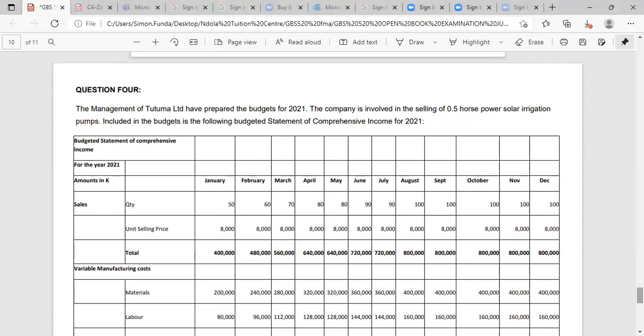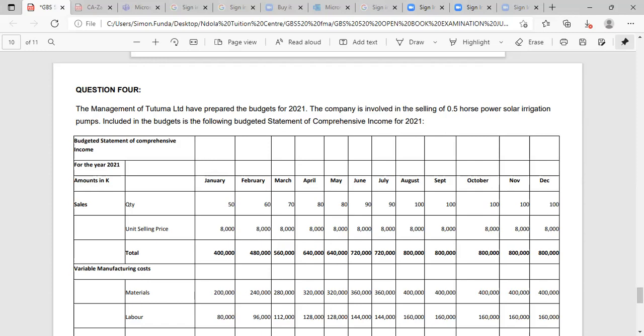The company is involved in selling of 0.5 horsepower solar irrigation pumps. Included in the budgets is the following budget statement of comprehensive income for 2021.